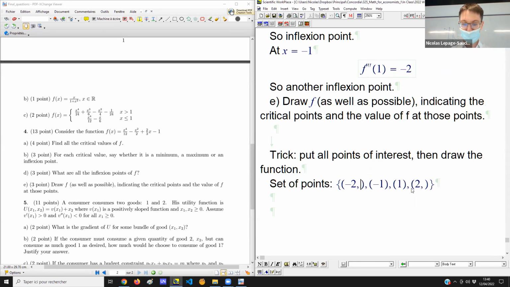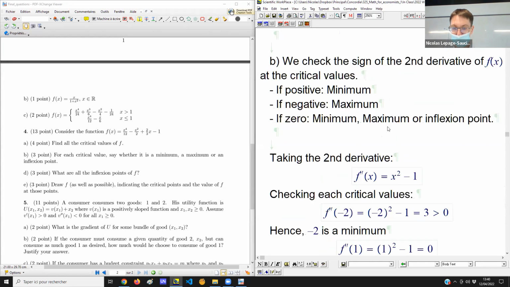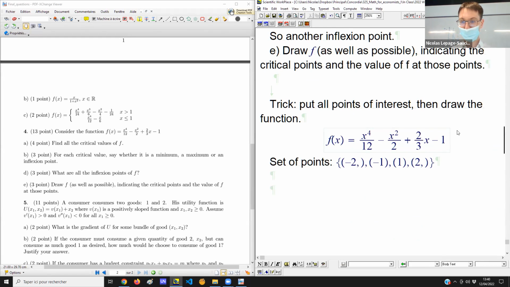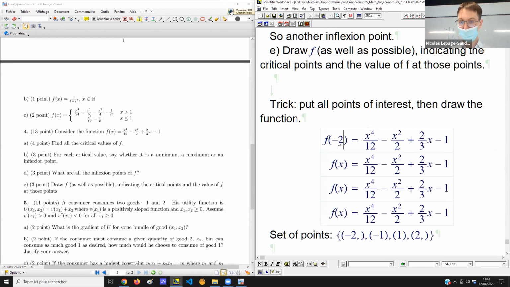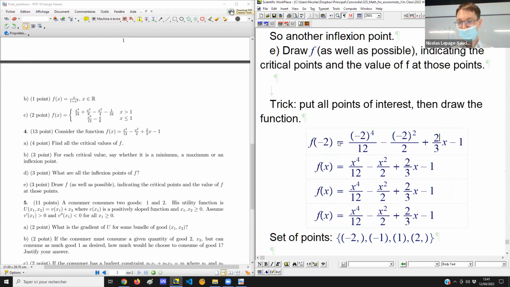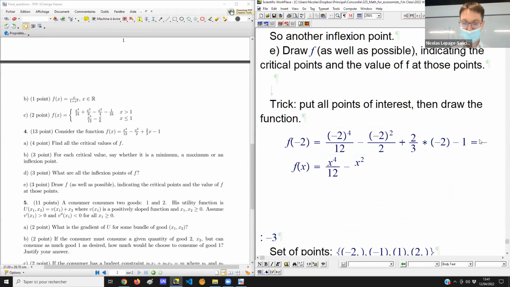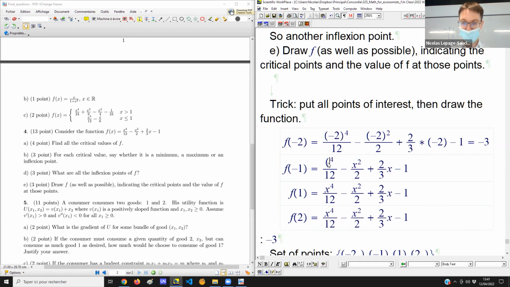Okay, so at -2, f of -2 is, yeah. Now -1, 1.